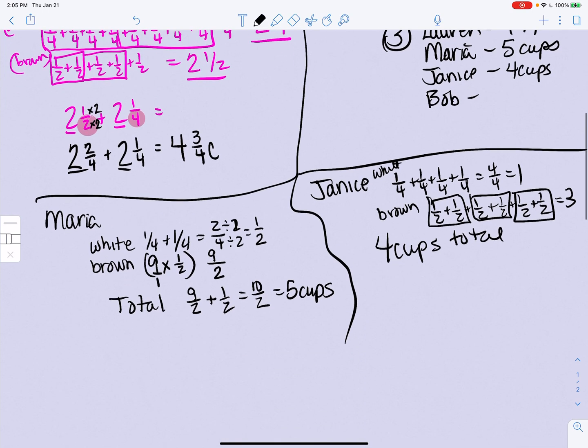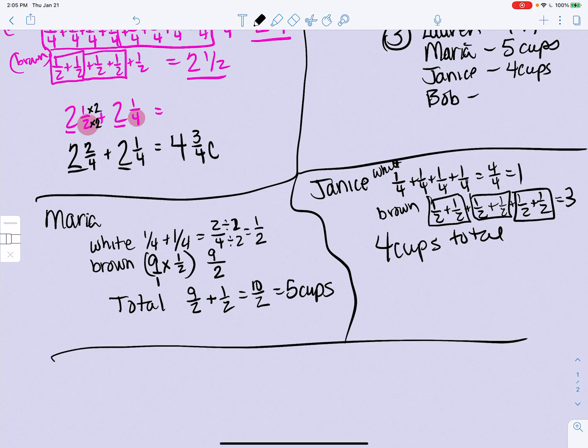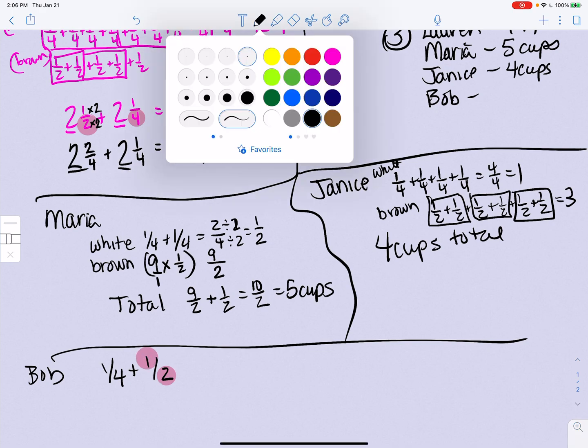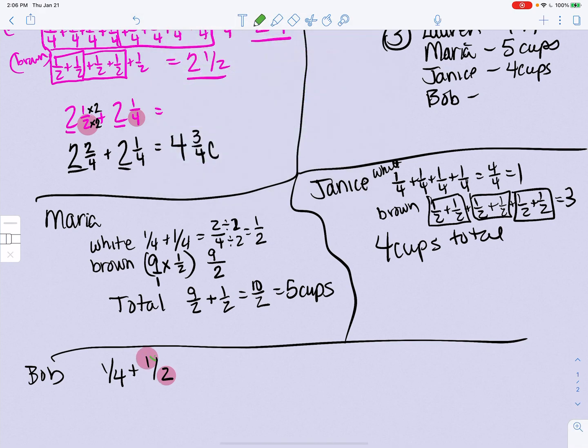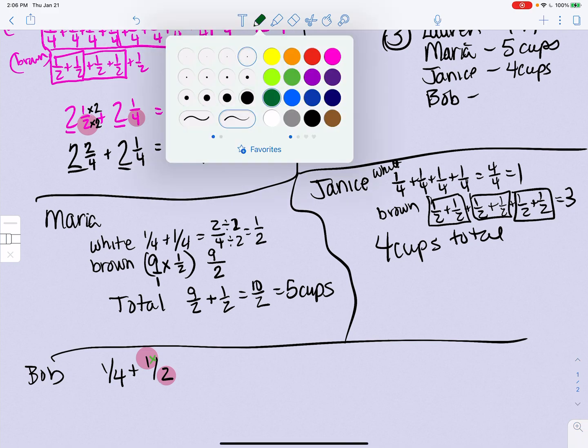Let's see what Bob does. Bob mixes 1 packet of white and 1 packet of brown, which is 1/4 plus 1/2. So I need to make a common denominator because they don't match. So I'm going to change color, times them. That's a terrible color.